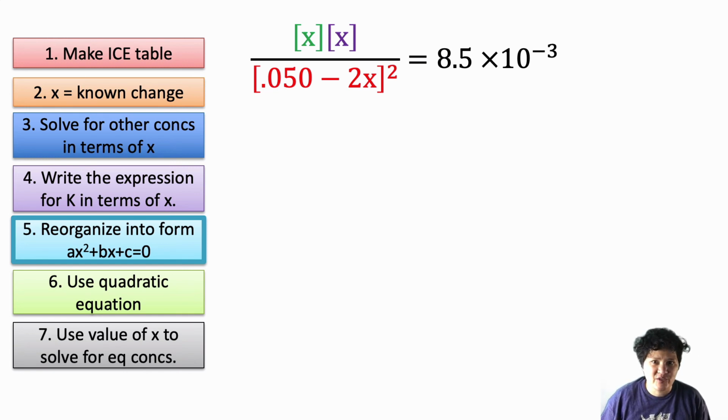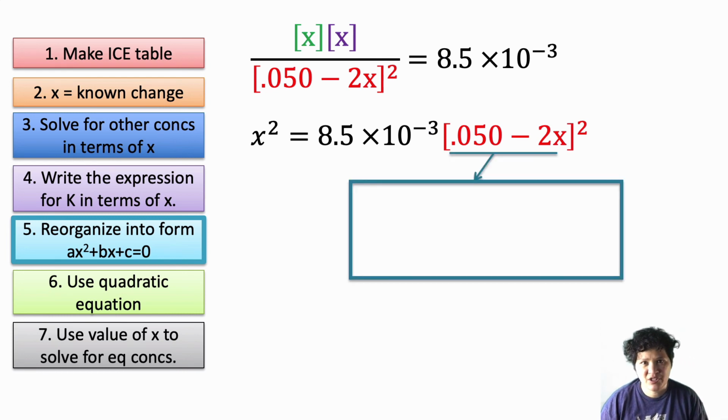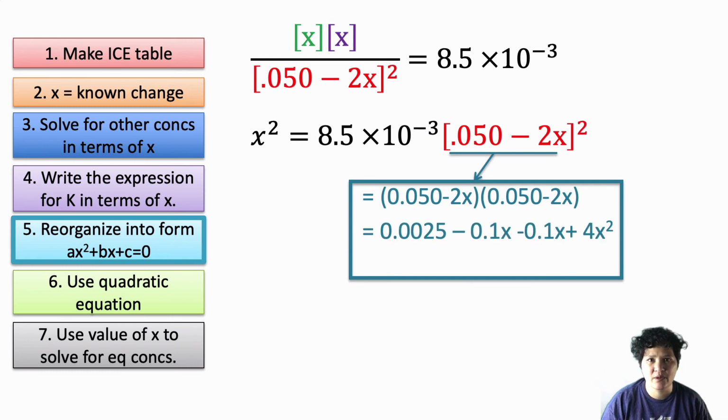Now let's do our algebra and reorganize this into the form ax squared plus bx plus c. The first thing is to multiply through so that we no longer have a fraction. So we have x squared equals 8.5 times 10 to the minus 3 times the quantity 0.050 minus 2x, quantity squared. Let's square out the expression in the brackets, multiplying first terms, outer terms, inner terms, and last terms, and this is what we get.